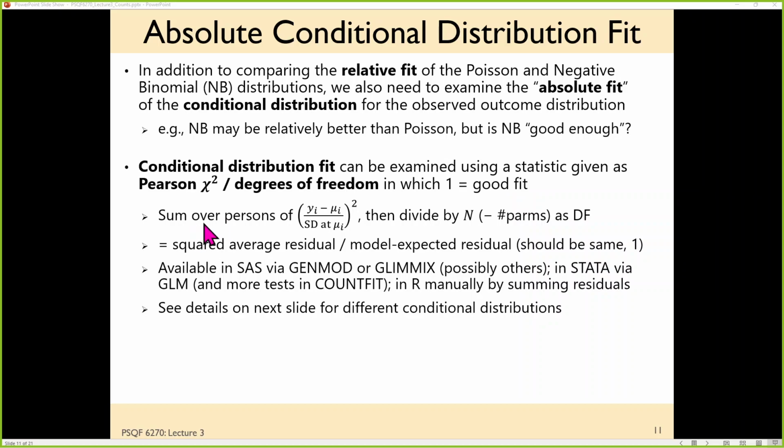And how it is computed is by summing over persons this term right here, squared, where the numerator says how far off the prediction is from what you actually got. So y in the data scale minus the predicted outcome, mu, in the data scale for each individual, divided by what the standard deviation should be at that prediction point according to the model.